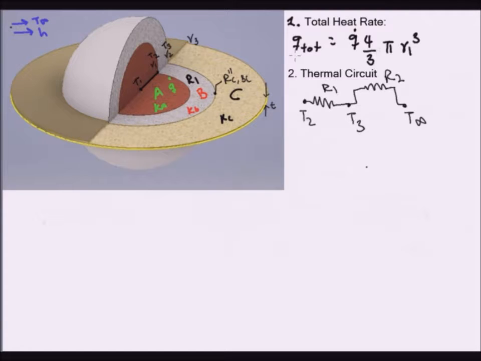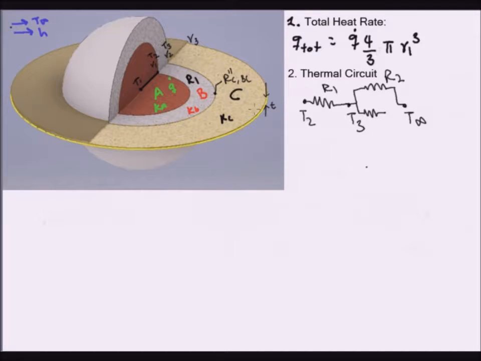And then the other resistance is the resistance of the heat flowing through the fin, but that resistance is composed of two resistances. The first one is the contact resistance between material B and material C at the interface. Let's call it R3.